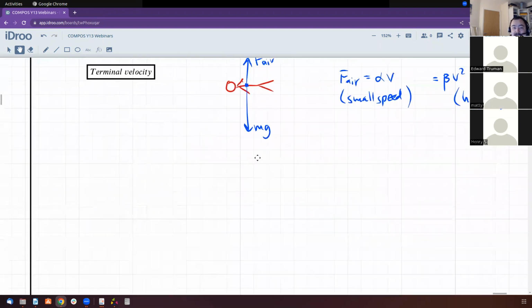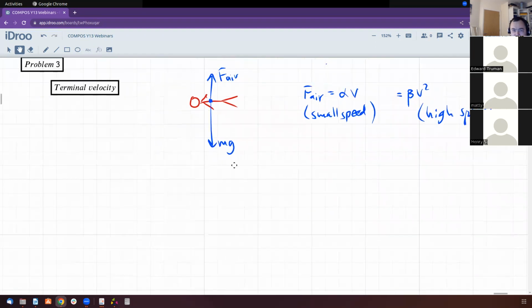So let's do the skydiver with high speed. I think that's the additional problem, the final problem, and it's quite messy in a way, but let's see.